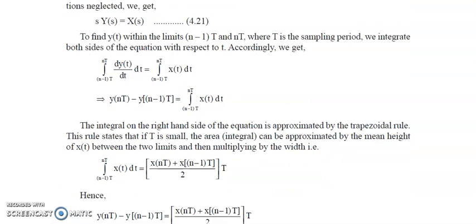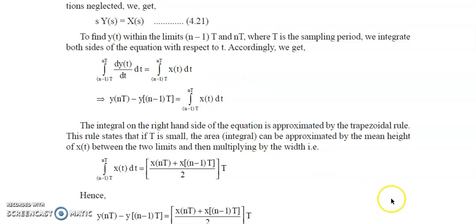According to that rule, the integral from (n minus 1)T to nT of x(t) dt can be written as x(nT), that is the upper limit, plus x of the lower limit, divided by 2, into the width. Width means upper limit minus lower limit. If you do nT minus (n minus 1)T, you will get T. So this rule is known as the trapezoidal rule. You can apply that rule to the RHS.